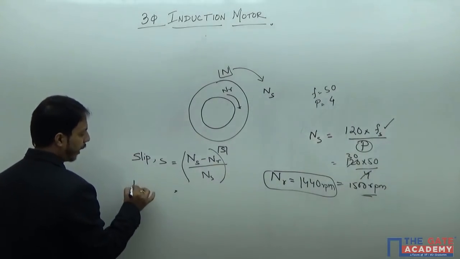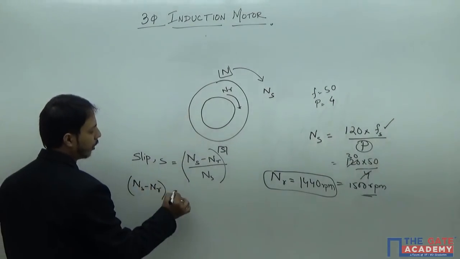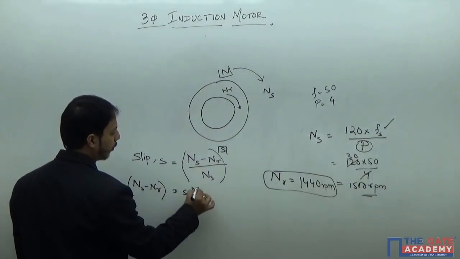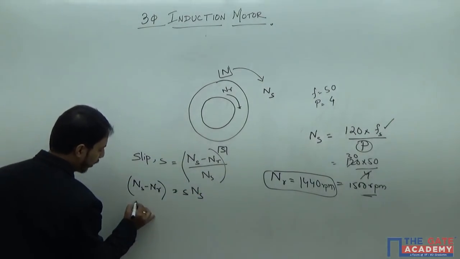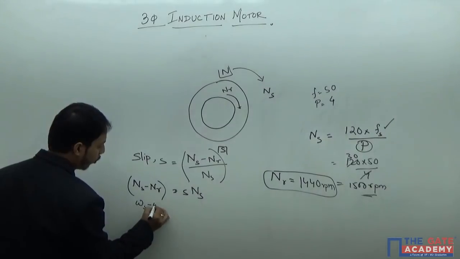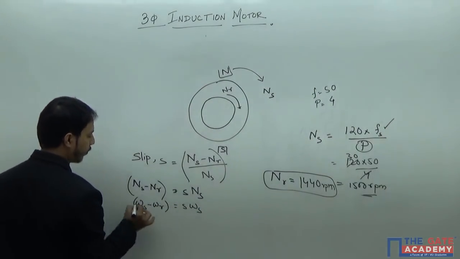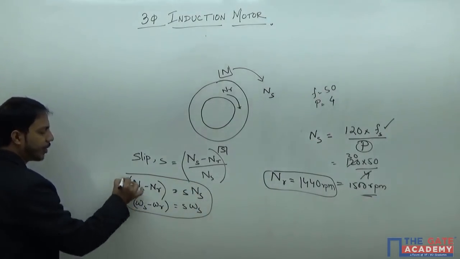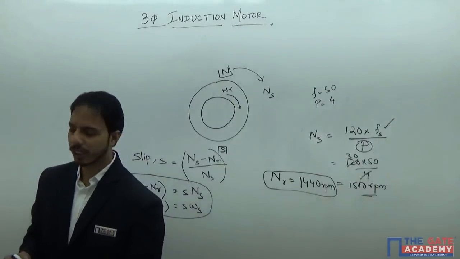Or we can also say ns minus nr is equal to s into ns. Or in terms of radians per second, omega s minus omega r is equal to s into omega s. This is the relationship which will help us in analyzing the three-phase induction motor.